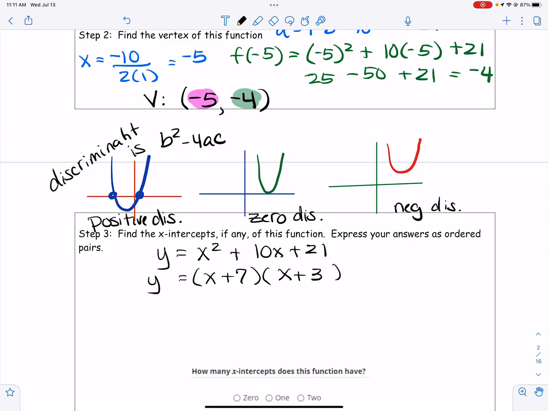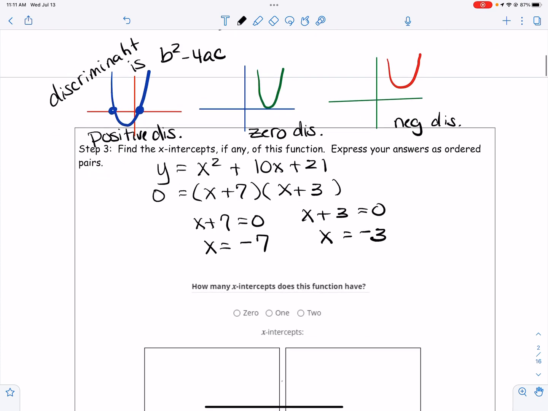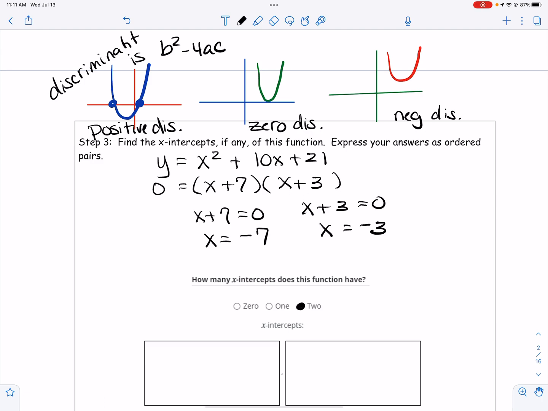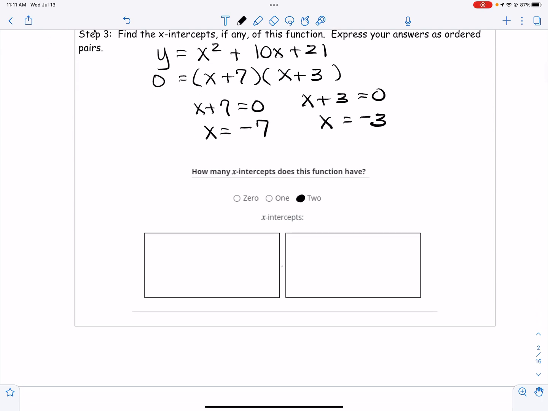Then if I set those factors equal to 0, actually this y should be 0, I'm going to get x is -7 and x is -3. So I have two x-intercepts, and then you have to write them as ordered pairs. When you write them as ordered pairs, the x-coordinate is going to be the number, but the y-coordinate is always going to be 0.